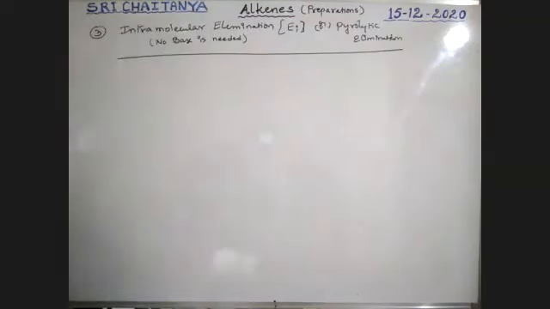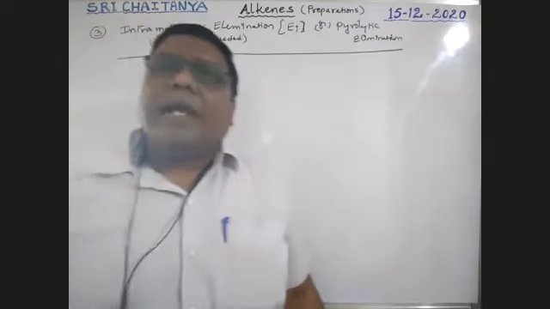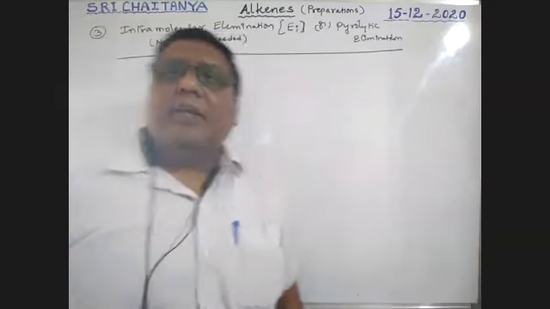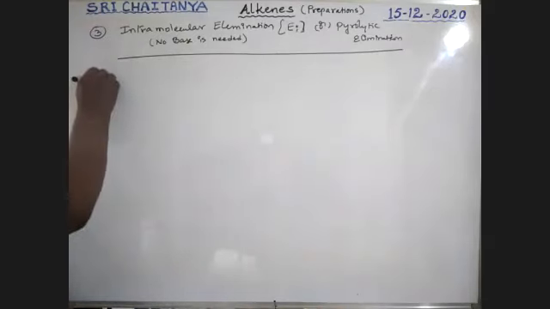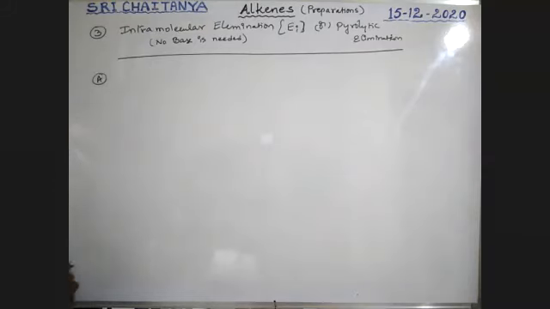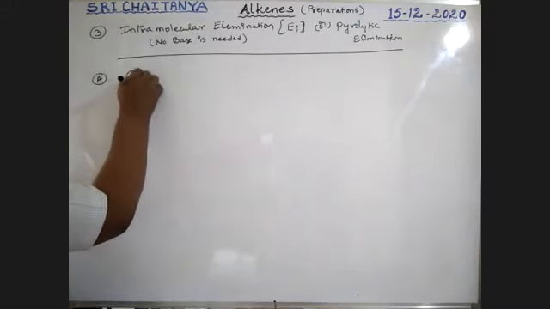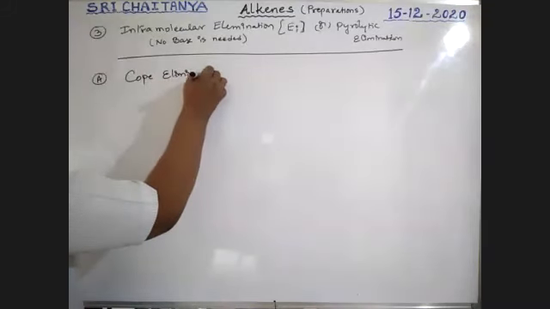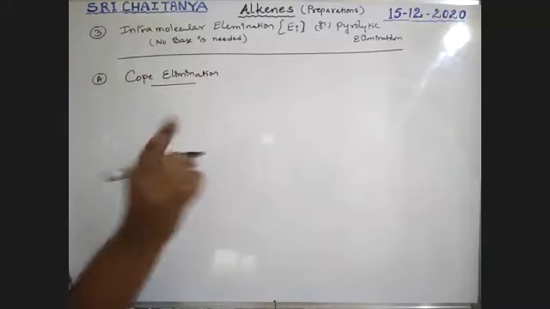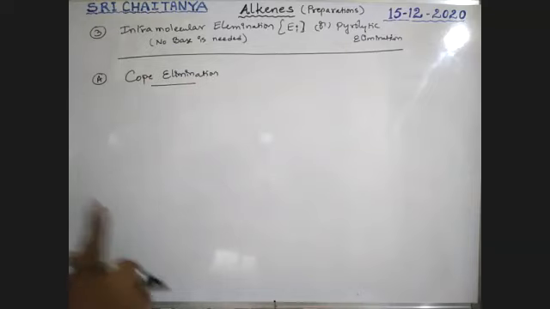One of the ends of that compound acts as a base. See here, boys. Here 3 different types of reactions are possible. One is Cope elimination. Boys, it is not Cope rearrangement.